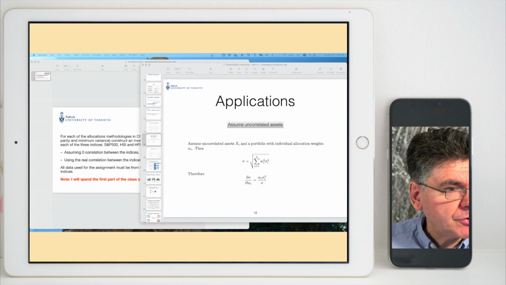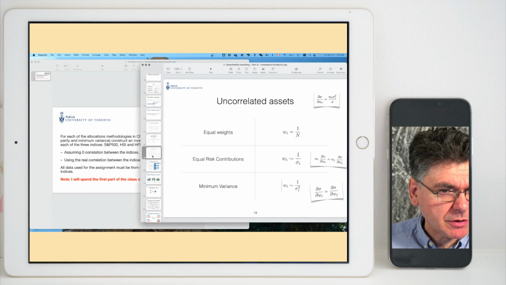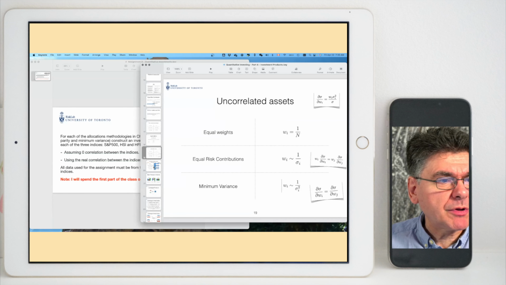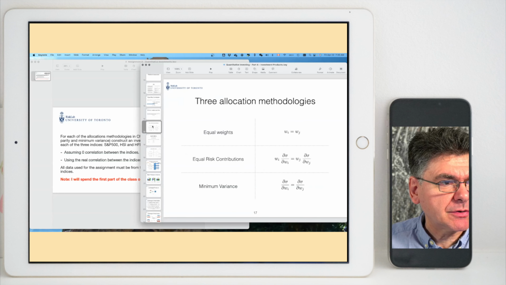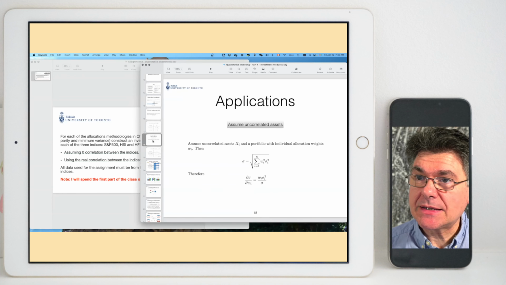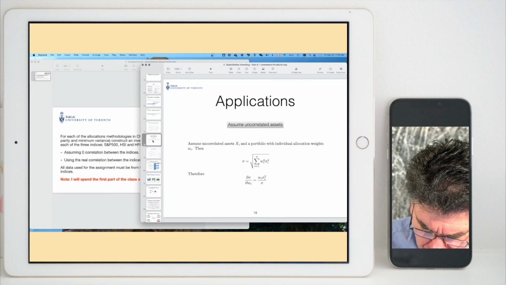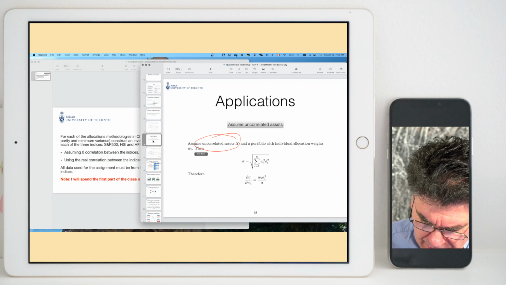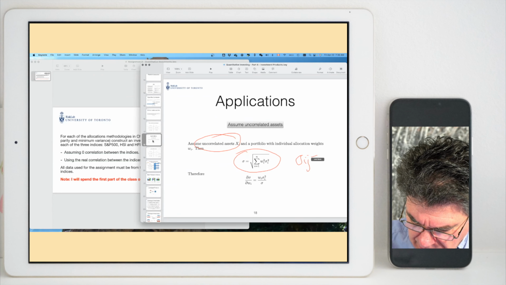So the first part is key, to do that with 0 correlation. And for that, we already went through the formula, how to do that. These are the notes. This is an important slide. We saw that if the assets are uncorrelated, then the sigma ij are 0.